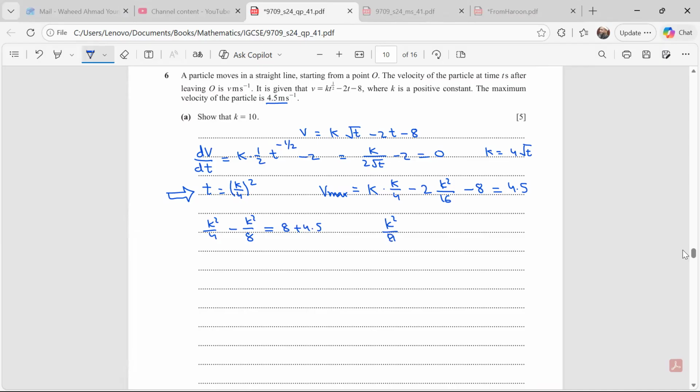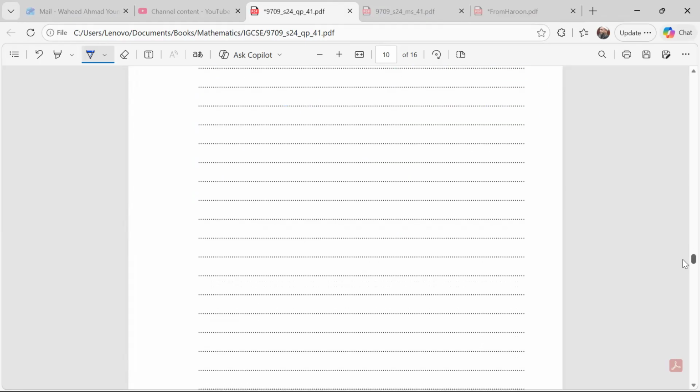Yes, it is 8. It is equal to 12.5. So k is equal to under the root 8 into 12.5, and this comes out to be 10. Okay, so this is part A of this problem. Let's move on to part B.